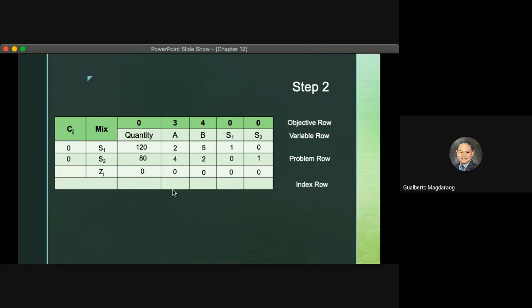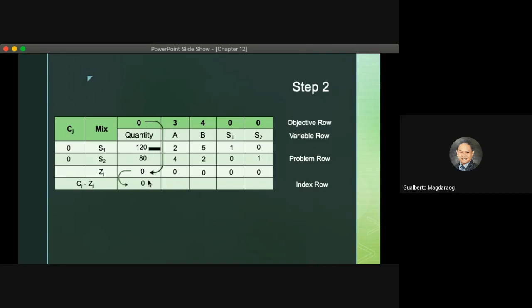And then you will deduct the ZJ row from the objective row.